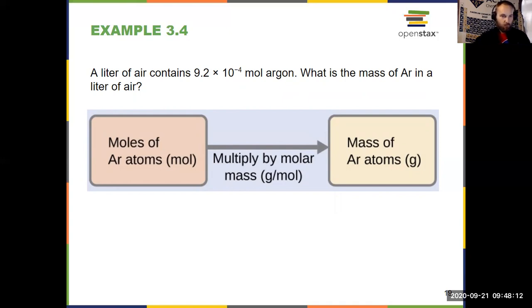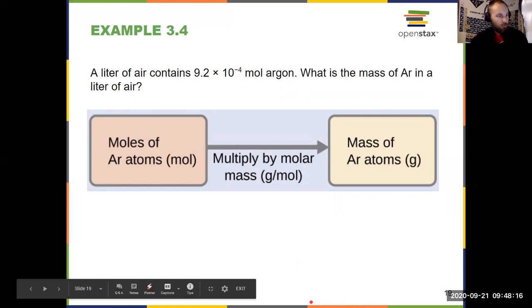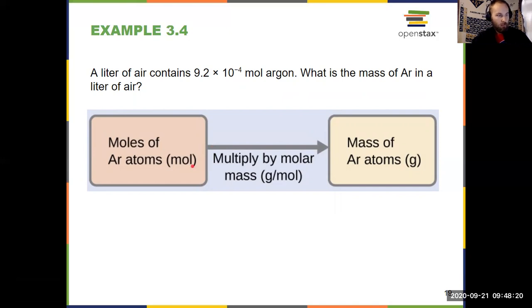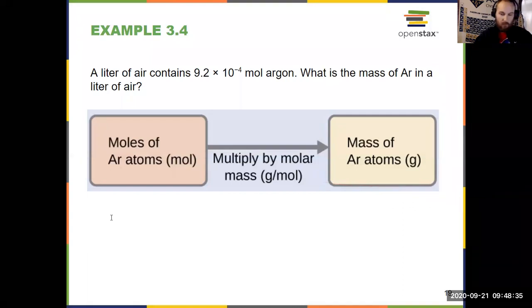So here, right, I've got 9.2 times 10 to the negative 4th moles of argon. Okay. I'm asked to convert that to mass. And we just saw I can convert grams to moles. Right? But how do I do it? Okay. I have moles and I want to convert to grams.